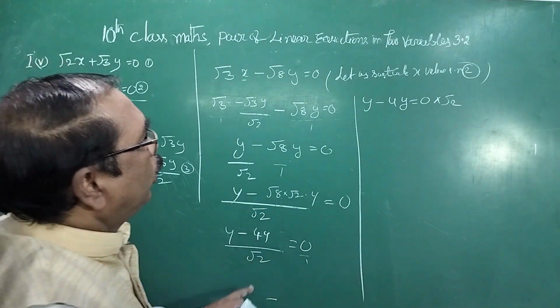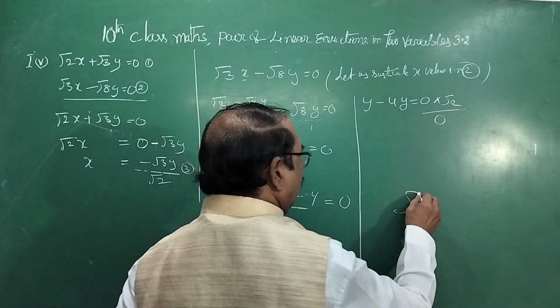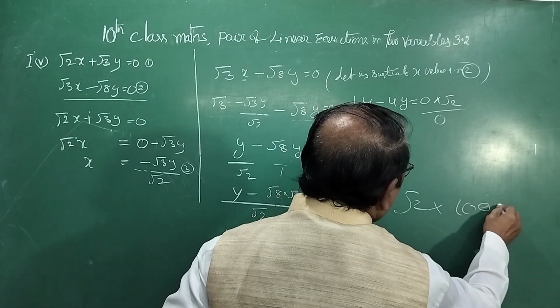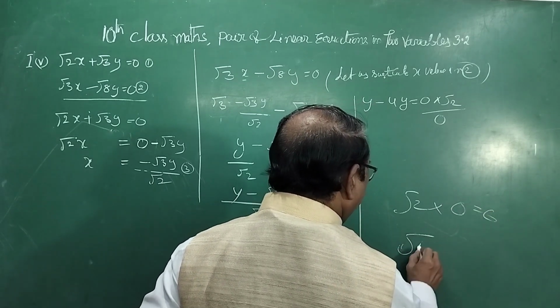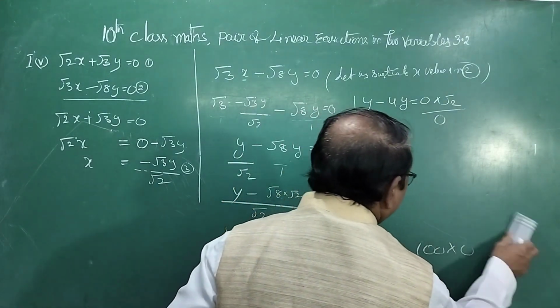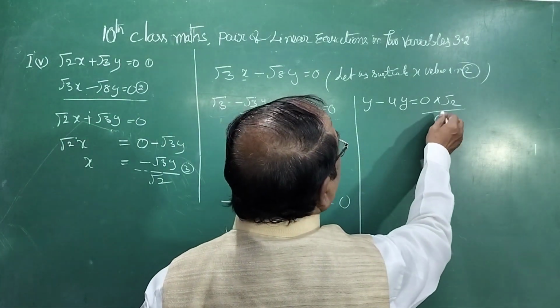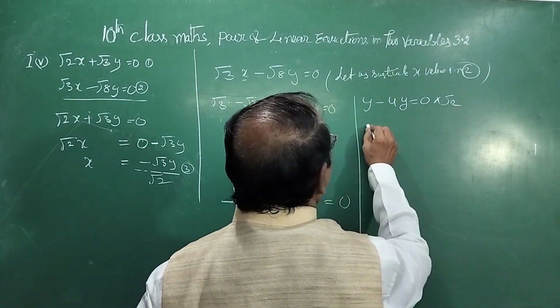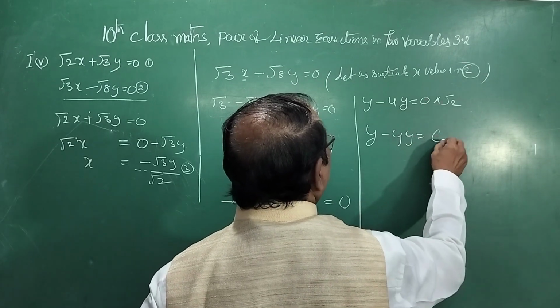Multiply 0 into root 2, how much? 0, because root 2 into 100 is also 0, root 2 into 0 is also 0. Whatever is multiplied with 0 is equal to 0. Yes, y minus 4y is equal to 0.